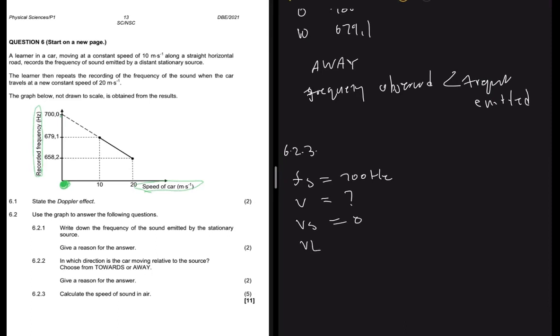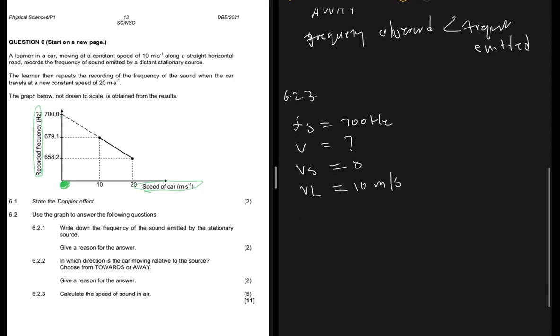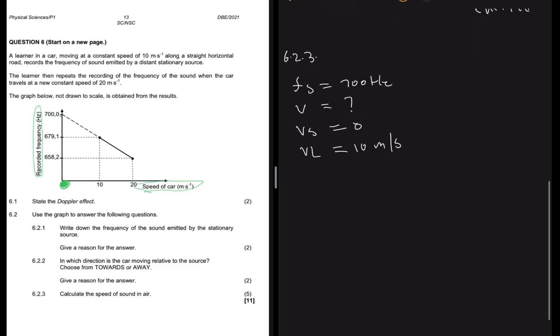So the velocity of the listener, now we have to pick one point between the two. It's either we start with 10 or we start with 20. So let's pick 10. So there we have it, 10 meters per second. So on our Doppler effect, we're going to have one missing variable, which is the speed of sound in air. And then from that is just solving the math. So let's go ahead and do that.